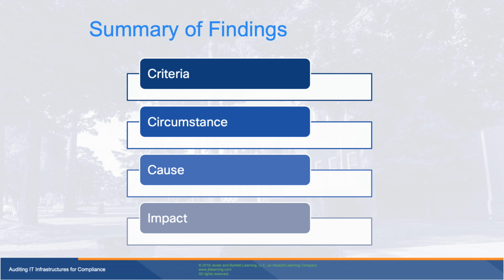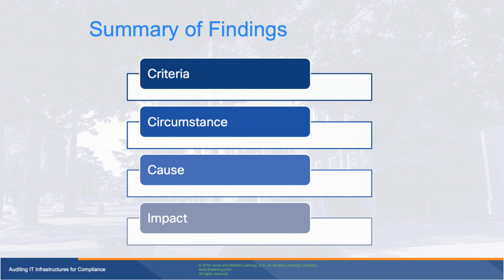So the criteria is, like I said, in a perfect world, how the system should be set up. The circumstance is what it actually is in real life. And the cause tells the reader why there's a difference between the criteria and the circumstance.